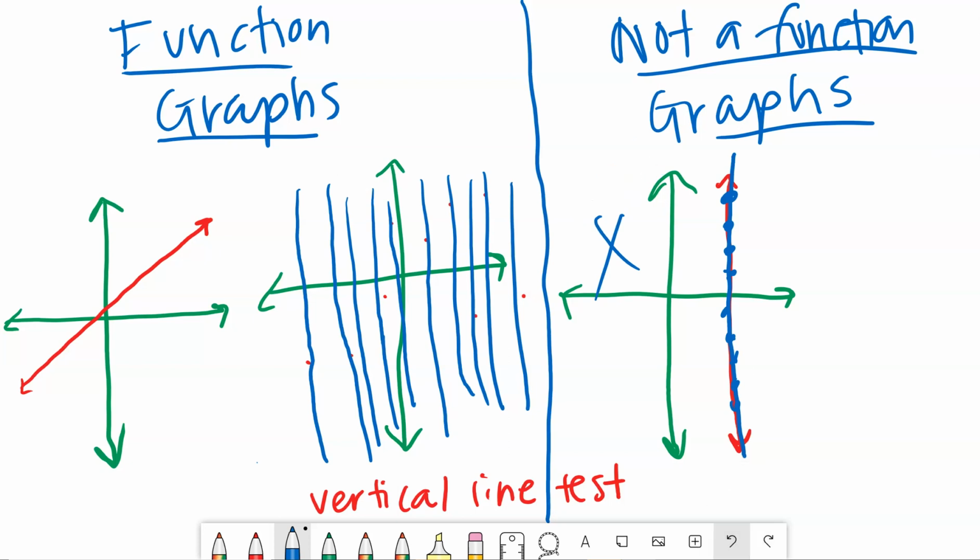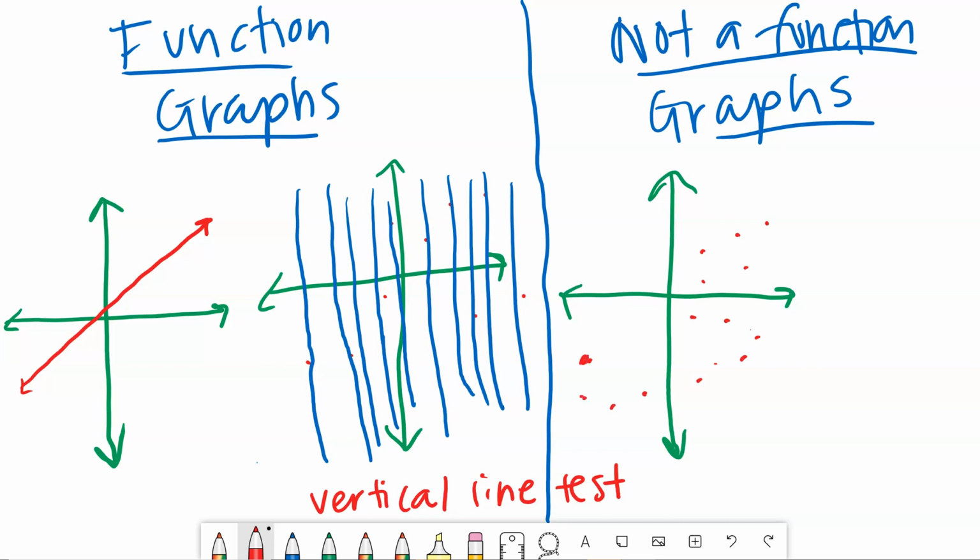Let's look at a scatter plot. So a scatter plot, again, points are scattered. So if I have a scatter plot, of course, like I said, on your tests, they will be more clear.